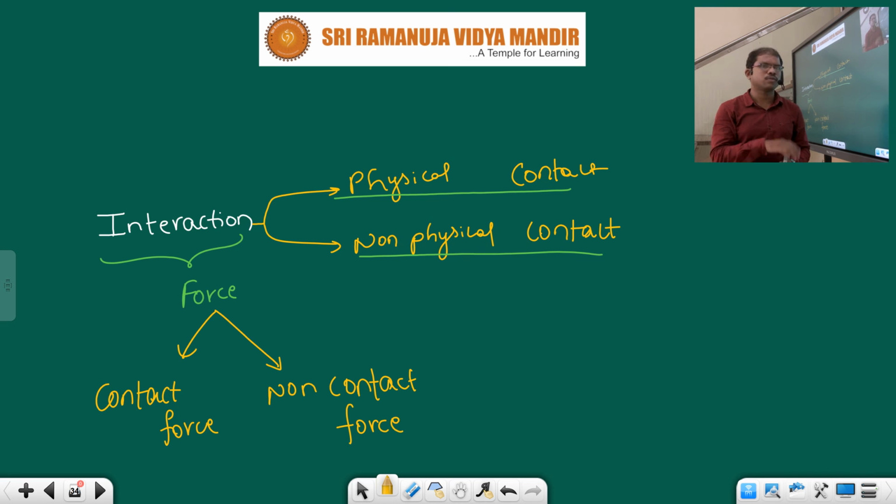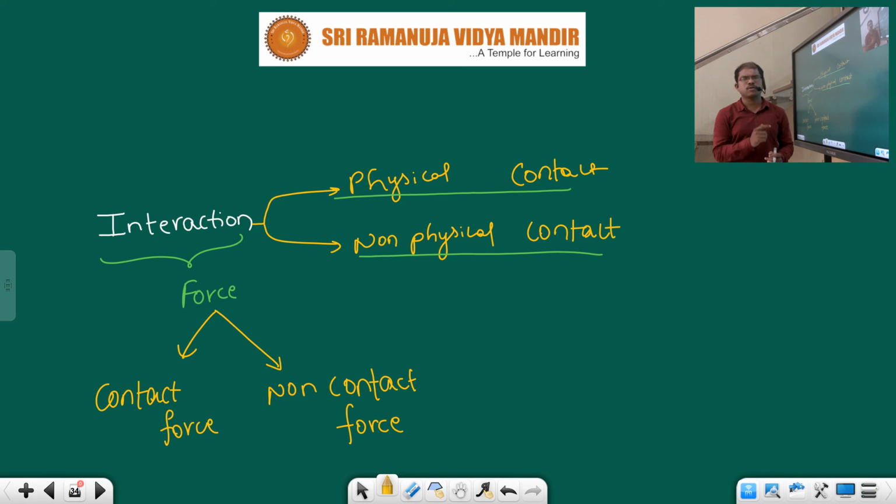In order to apply the force, what should we do? We need to get either our hand or leg into physical contact with the ball. We need to kick that ball. When you are kicking the ball, your leg gets into physical contact with the ball. Just imagine there is no physical contact.